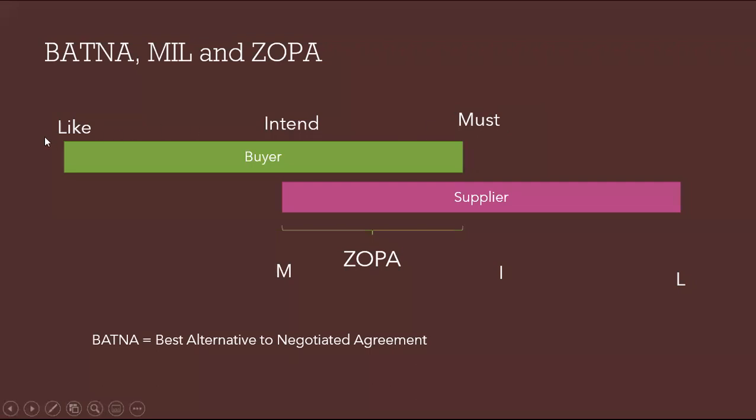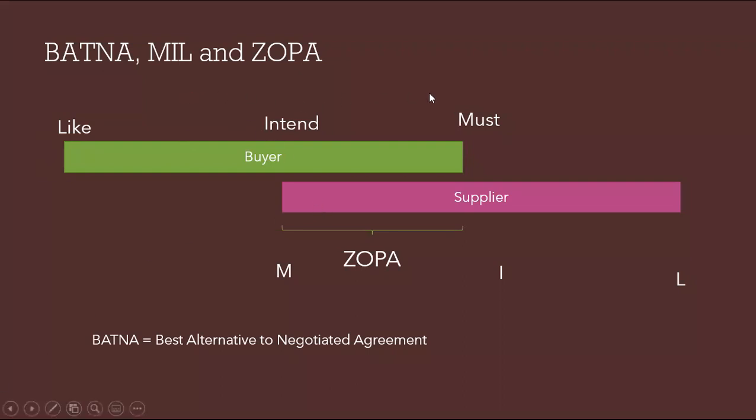Like is your favorite range or favorite target, and intend is the most realistic one. Before going into negotiation, you have to prepare for it, and one of the tasks for preparing is setting targets.